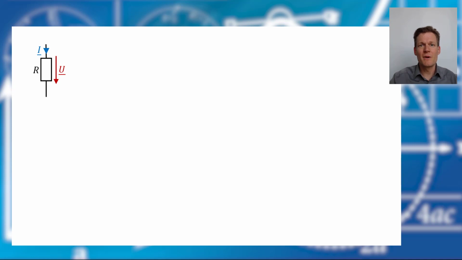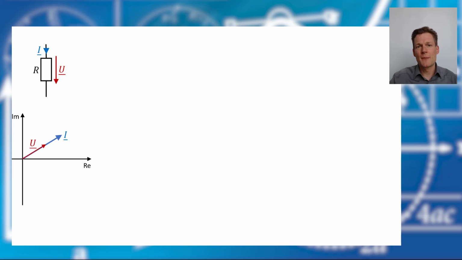So we have no imaginary part in our power there. So let's have a look. Let's say our current has this phase shift here. And therefore we know that at our resistor, voltage and current are in phase, so the voltage will have the same direction.